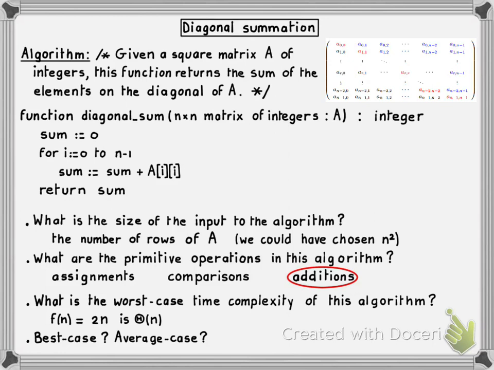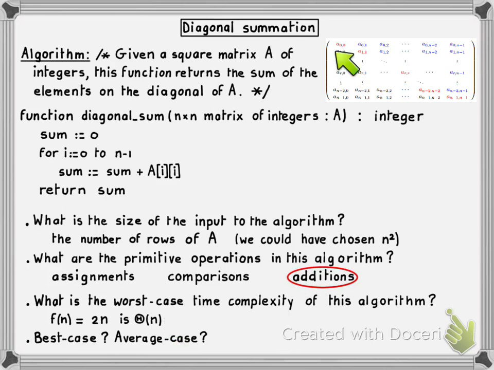As a final comment on this algorithm, I want you to think about what would have happened here if we had chosen the size of the input to be defined as n squared, that is the total number of elements in the matrix. What time complexity relationship would you have inferred? F of n in that case would have been what?